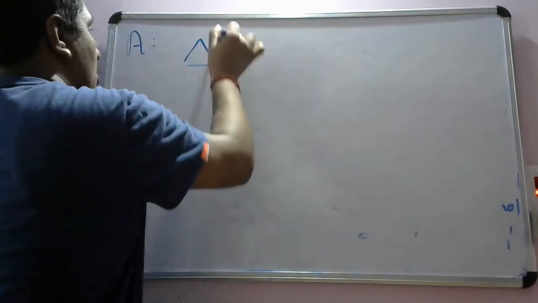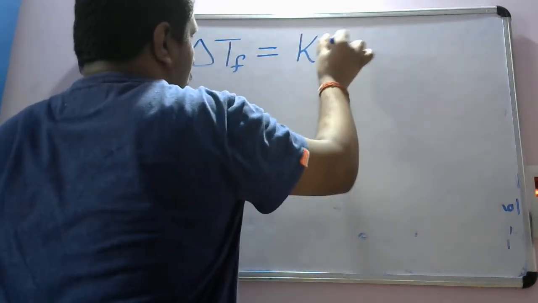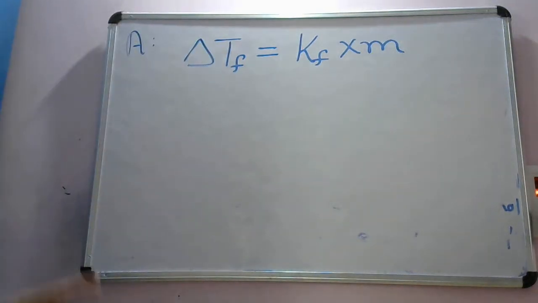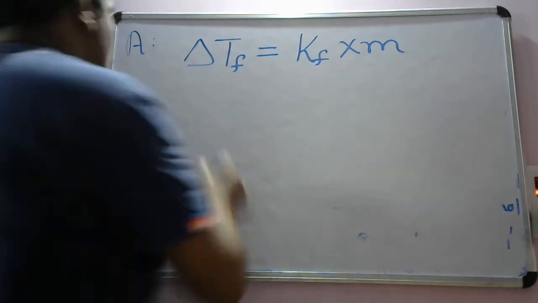The depression or lowering in melting point or freezing point, delta TF equal to Kf into m. Kf is the molar depression constant and small m is the molality of the solution.